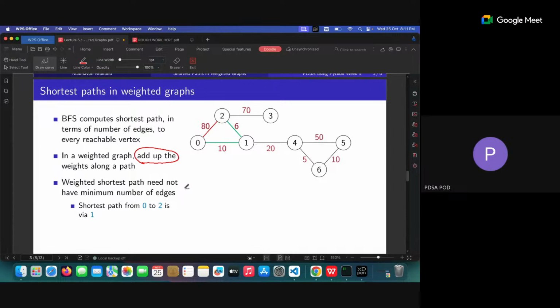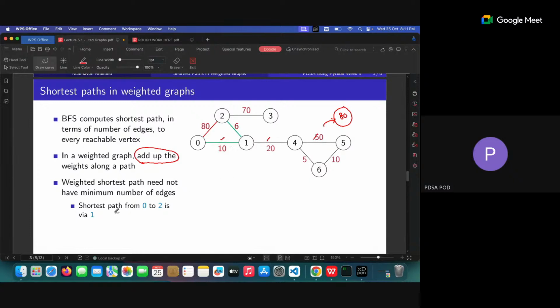We don't consider how many edges are required to travel from 0 to 5. Here we use 3 edges for traversing, but we don't consider that. We consider the weights associated with it, like 10, 30 and 50. So the total weight is going to be 80. This is what is considered, not the number of edges.